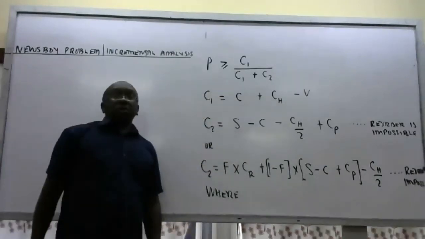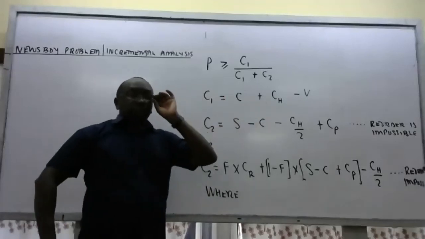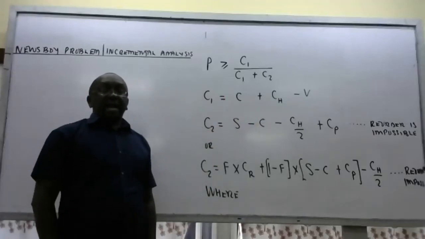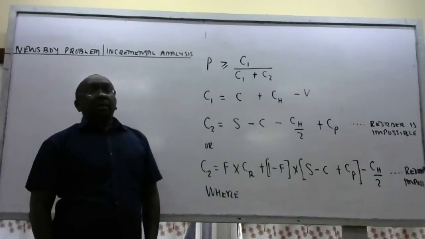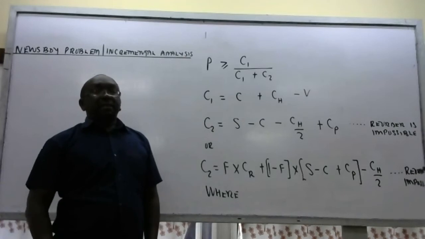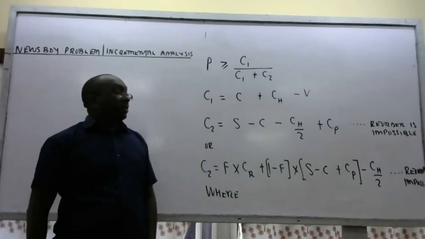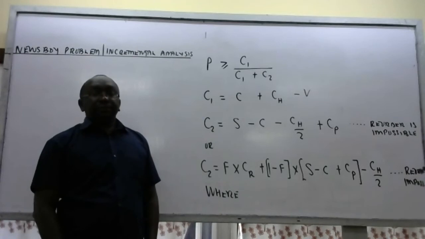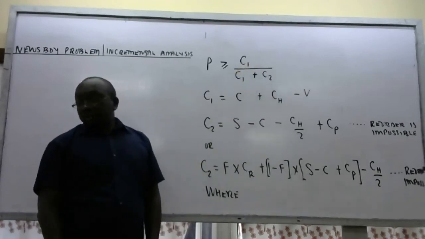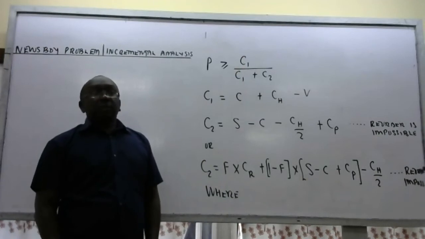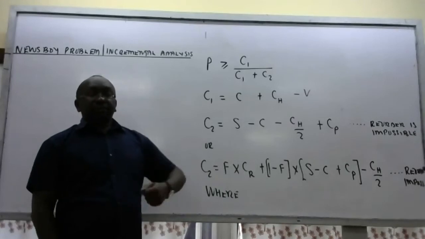P equals the probability that demand is greater than supply. C1, cost of overstocking 1 unit.